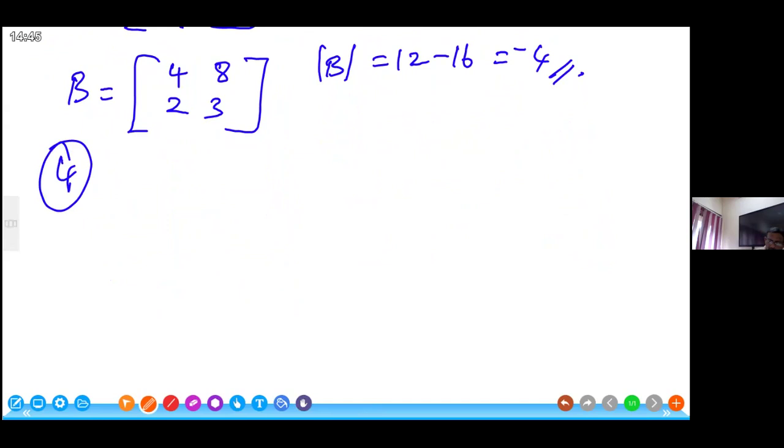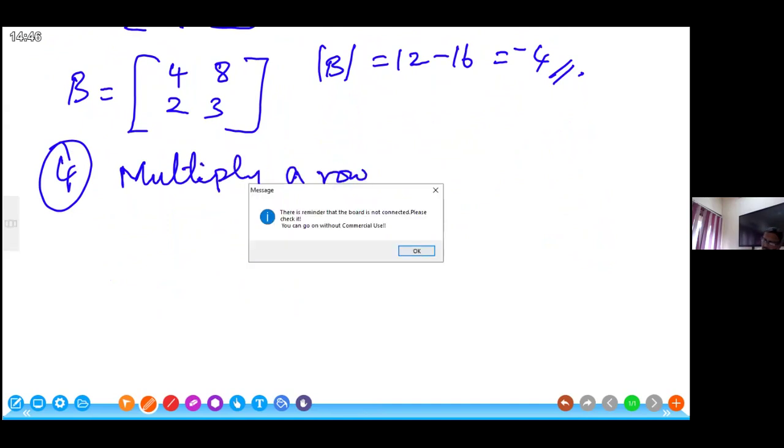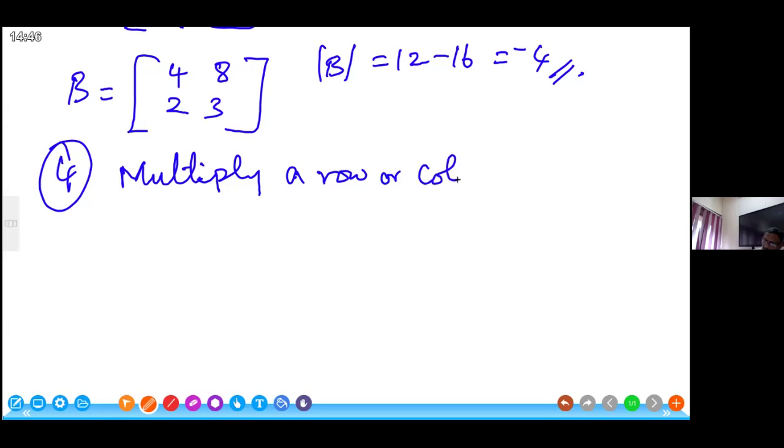The next property: multiply a row or column of a matrix by a constant.